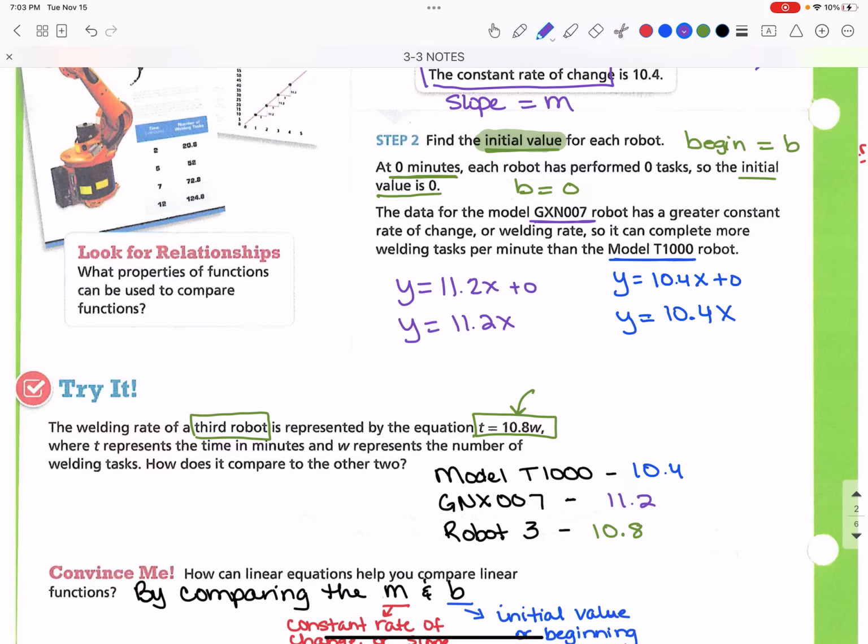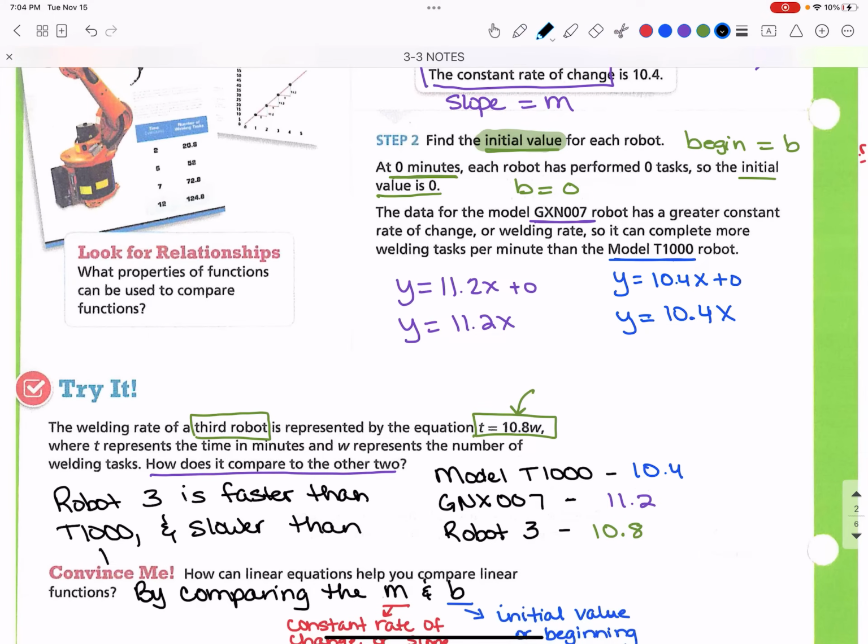So when it asks how the third robot compares to the other two, what you would write as your answer is that robot 3 is faster than the T1000 and slower than the 007. So we can compare these three robots by comparing their constant rate of change, or their slope, or how many tasks they can perform per minute.